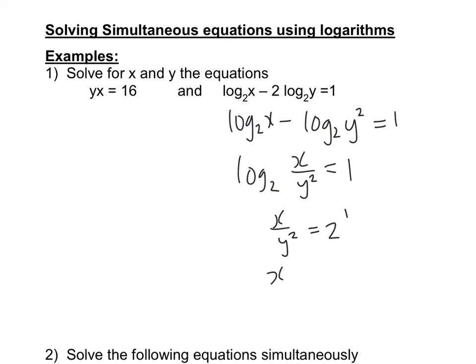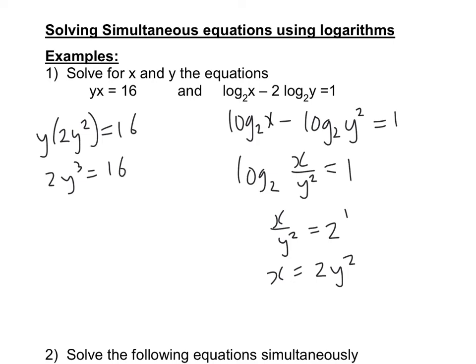So if I rearrange that, x is 2y squared. I can put that back into the first equation. So y brackets, and then instead of x we can write 2y squared, equals 16. So 2y cubed is 16. y cubed would be 8. So y would be 2.